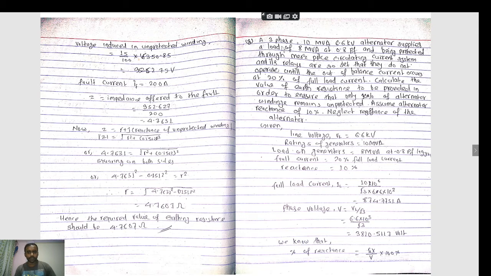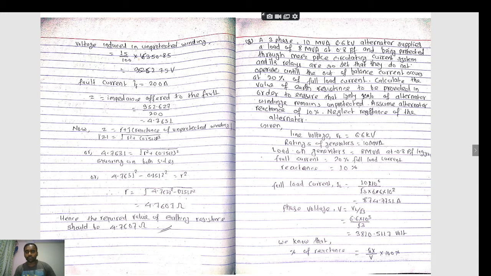In the third numerical, this numerical is similar to the previous one, but the difference is that in this numerical the power factor is extra given. In this numerical, the given data is a 3-phase 10 MVA 6.6 kV alternator supplies a load of 8 MVA at 0.8 power factor lagging and is protected through the Merz-Price circulating current system, and its relays are so set that they do not operate until out-of-balance current occurs at 20% of full load current.